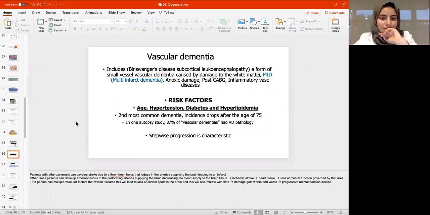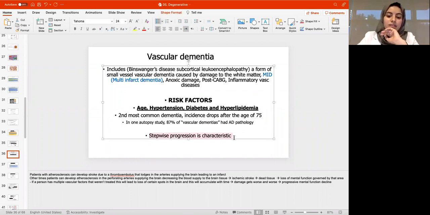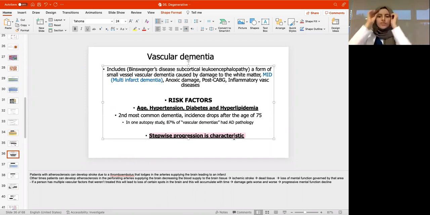So what you need to remember about vascular dementia is that it has a stepwise progression. How you can remember this is that, let's say AD progresses gradually, so it goes down like this, okay? While in vascular dementia, it goes down like this: they have a stroke, then they have cognition impairment. Stroke, cognition impairment, okay? You get it? So it's more sudden. It's not gradual.